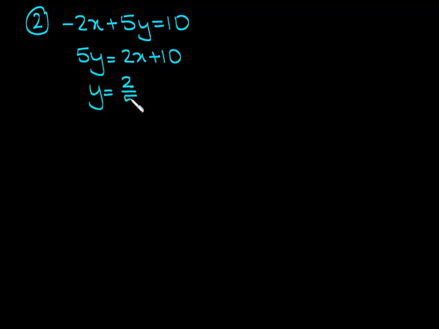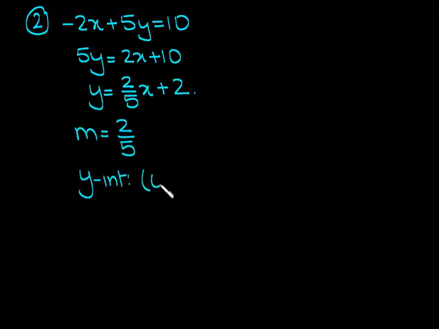So you get 2/5 x plus 2. So this tells me my slope is 2/5. Okay, and the y-intercept is the point 0, 2. So I can easily graph this line also now.